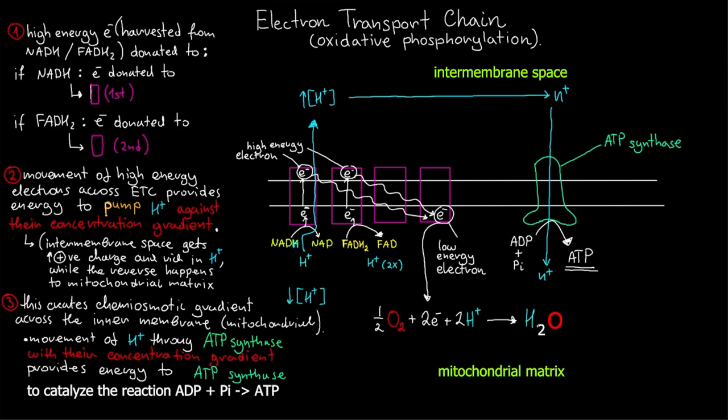This step is crucial because it prevents the backup of electrons in the electron transport chain. If oxygen is not present to accept those low energy electrons, the electron transport chain and therefore oxidative phosphorylation would halt. This will occur because the proton gradient cannot be maintained, and because of that, our cell may die or simply shift to anaerobic respiration.